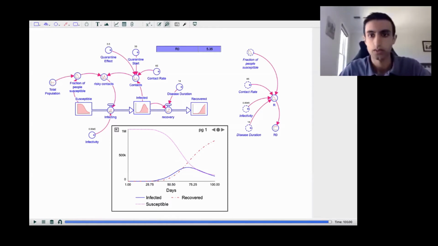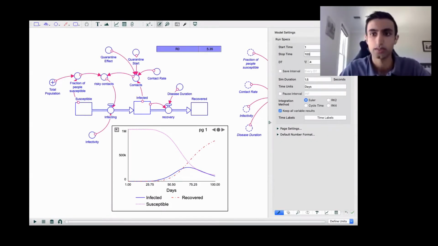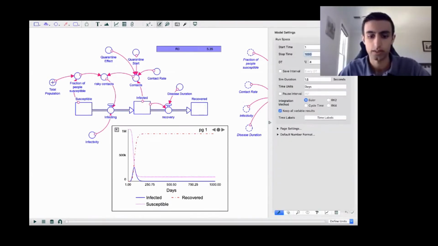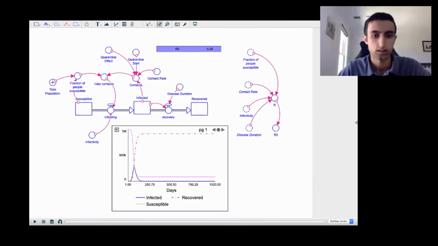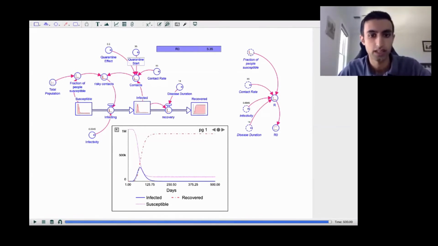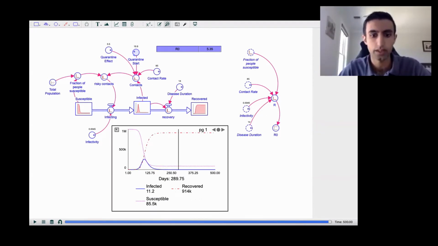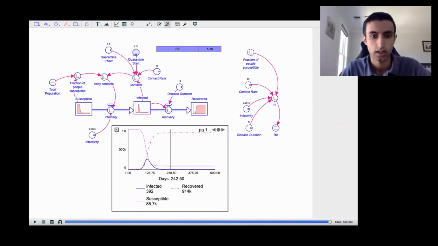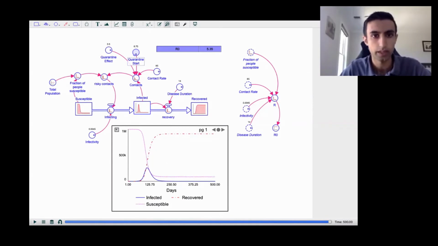So I'll demonstrate. We'll increase the time to, say, 1,000 days. Actually, we'll do 500. And we change the time that the quarantine starts. The earlier we make it, the number of susceptible that remain in the population increases, and the peak also changes.